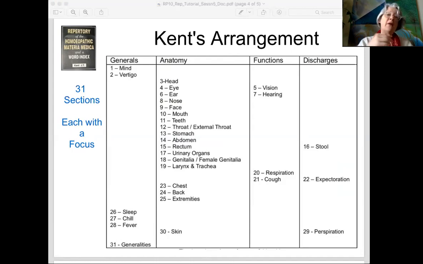So we have the opportunity as we study the repertory to also help us read materia medica better. If there's a word that we don't know what it is, our eyes are just going to tend to glance right over it. Does that ever happen to you guys? We just skip right past that and go on into the next sentence. And we're going to do that in the repertory, and we're going to do it in Materia Medica. So make yourself a commitment to actually go and find what these words mean. Go Google them.